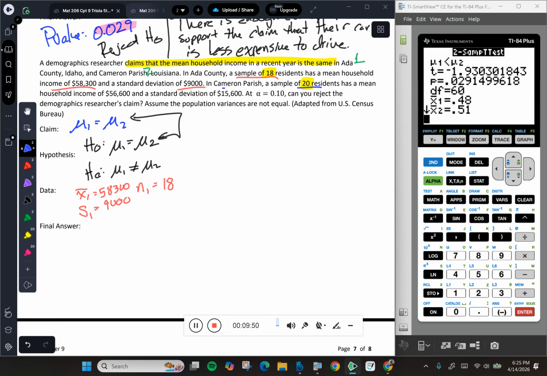Cameron Parish: x bar sub 2, s sub 2, n sub 2, 20. Mean income 56,600. Standard deviation, 15,600.